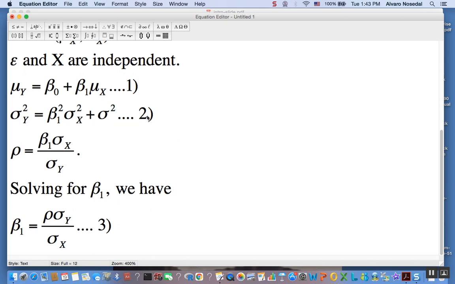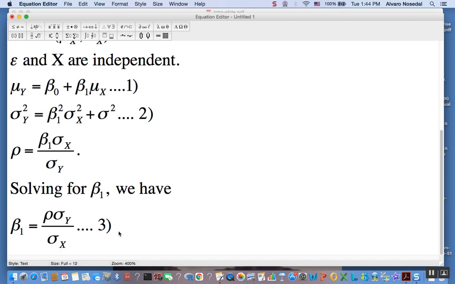From 2 and 3, what I'm going to be doing is plugging in the value of beta 1 in terms of the correlation coefficient and the standard deviations of x and y.